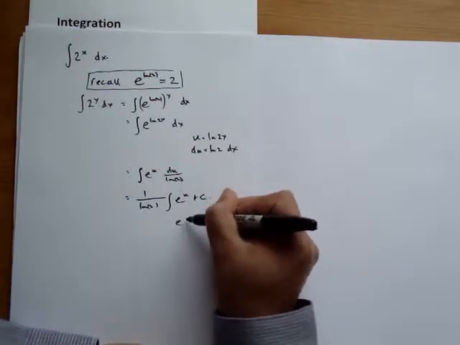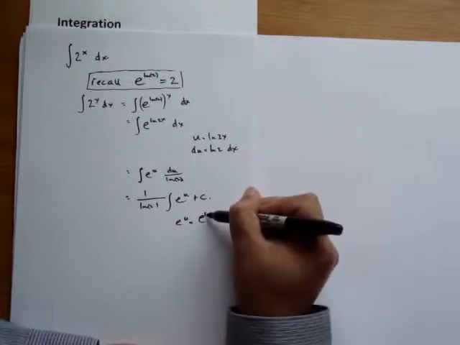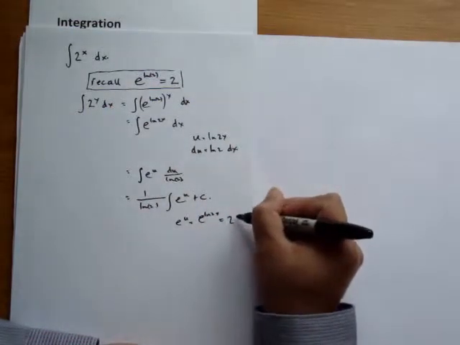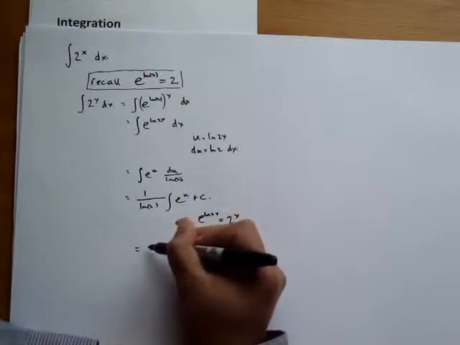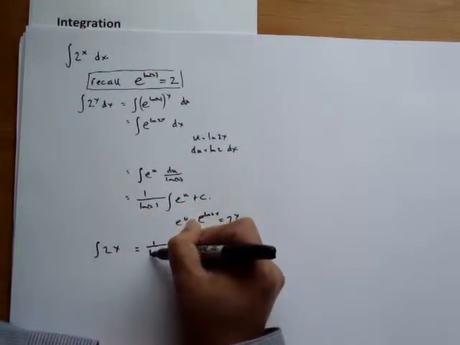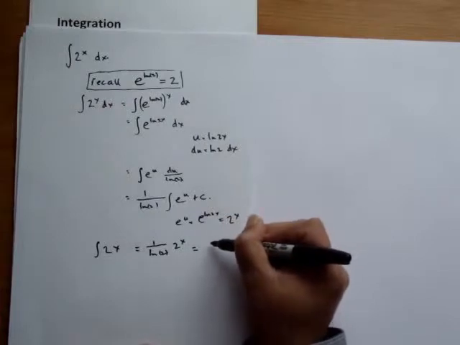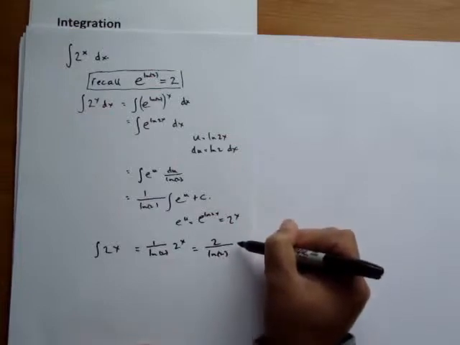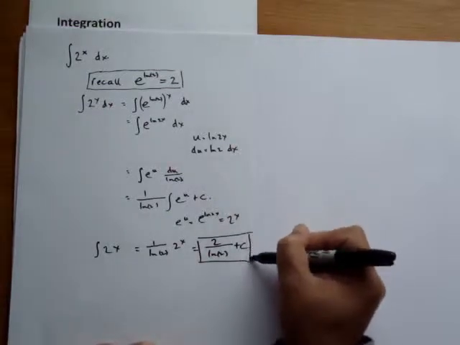Now recall that e to the u is e to the natural log of 2x, and that equals 2 to the x. So the integral of 2 to the x is 1 over natural log of 2 times 2 to the x, or 2 to the x over natural log of 2, plus c. And that is our answer.